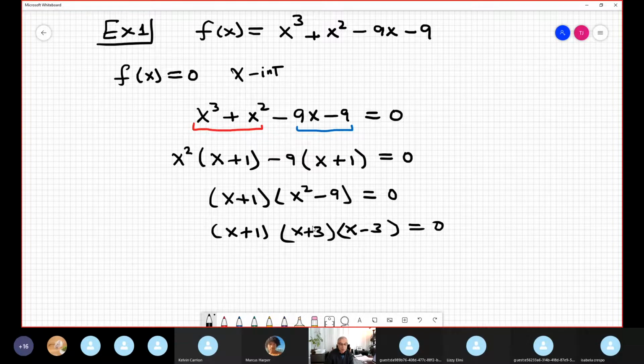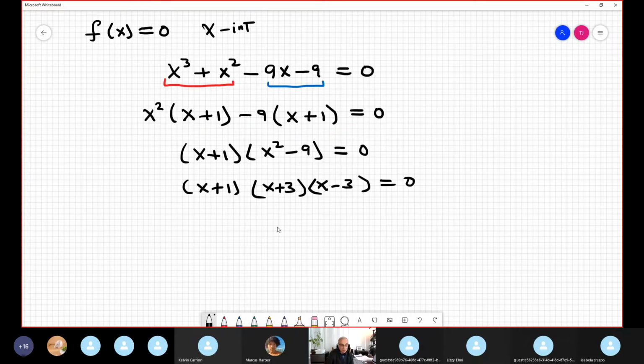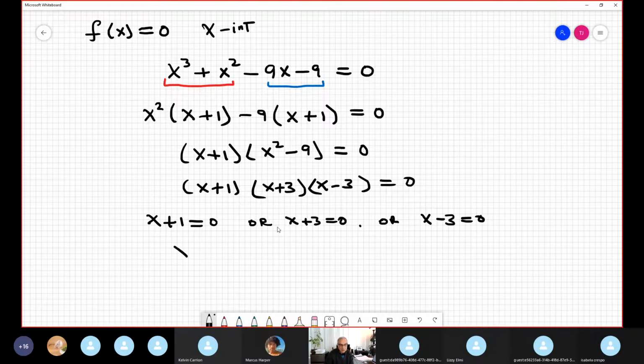Entonces now you separate, one by one: x plus 1 equals 0, zero factor property, or x plus 3 equals 0, or x minus 3 equals 0. And you solve it one by one separately. This is negative 1, it's negative 3, and it's positive 3.